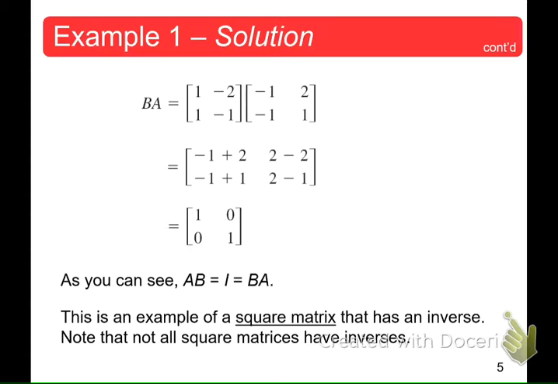Keep in mind, to have an inverse, you must be a square matrix. But not all square matrices will have an inverse. Just because you're square doesn't mean you'll have an inverse, but to have an inverse, you must be square.